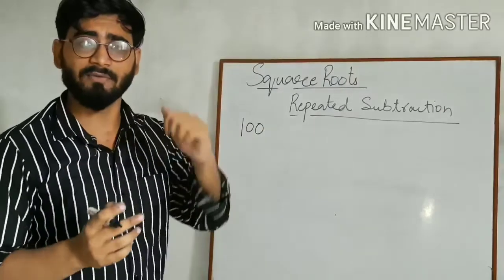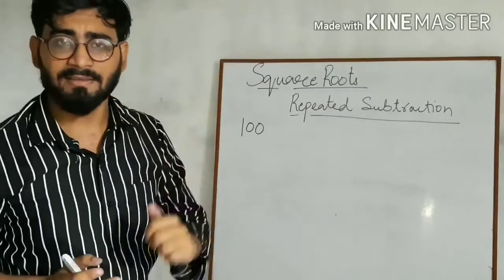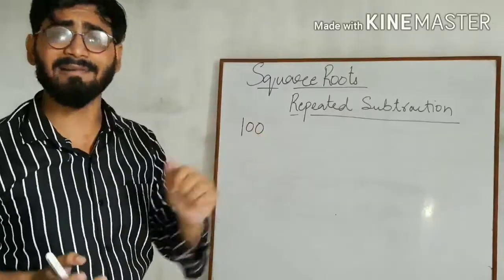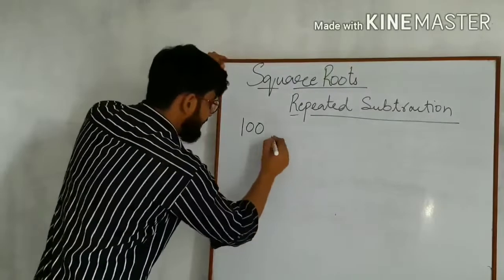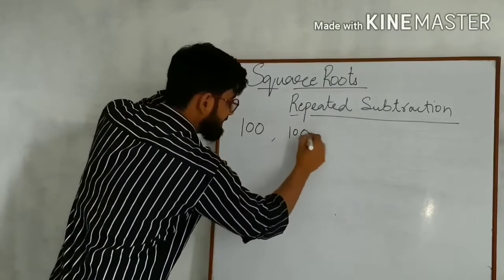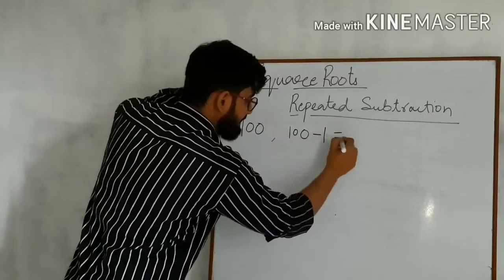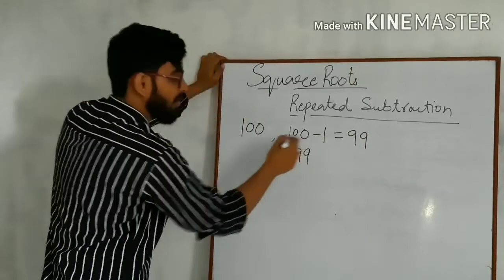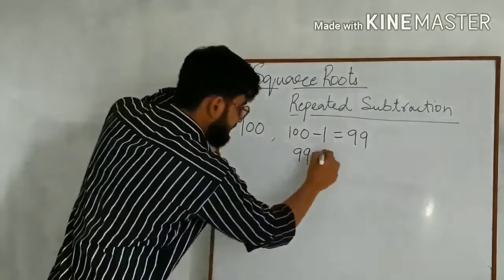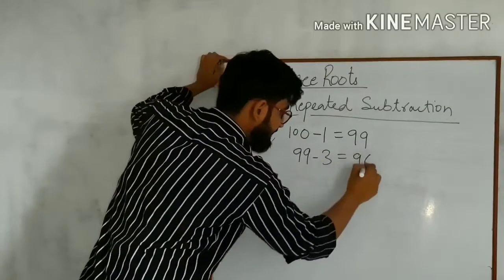Firstly, you have to subtract 1, then 3, like this until 100 becomes 0. So see here, 100 is given, then 100 minus 1 is 99. Then take 99 and the odd number after 1 is 3, so it comes out to be 96.